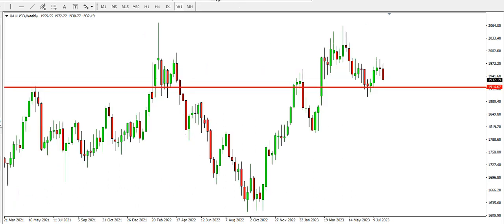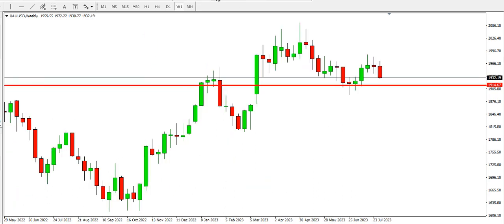On the weekly time frame, we have a low here, a high, a higher low, a higher high. Now we have a higher low, but what we are seeing around here is a swing.